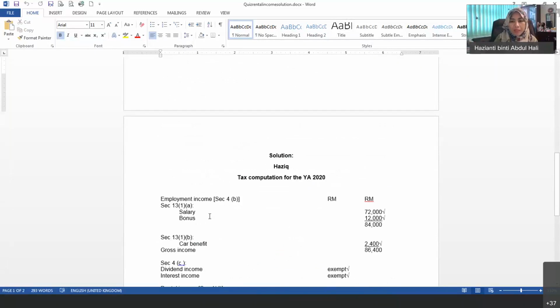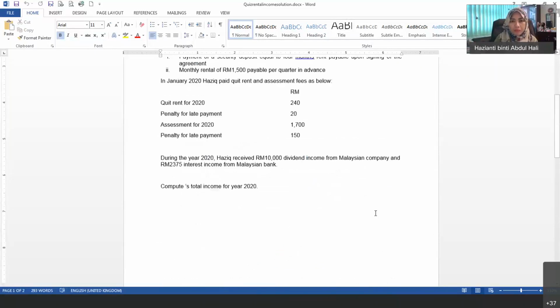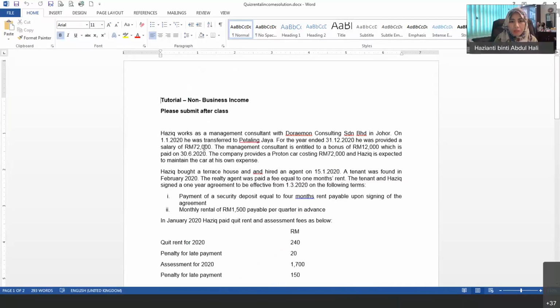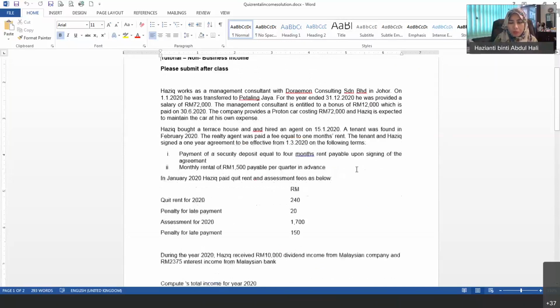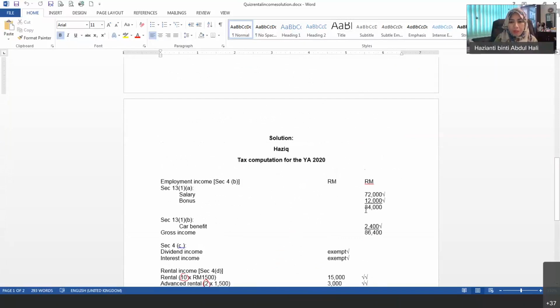So we have the salary 72,000. Terus 1 year figure 72,000. So bonus 12,000. Alright, jadi 84,000, and then he gets a car benefit. Dia tak ada rumah, tak ada benefit lain, just the car benefit 2,400. That will give us a gross income of 86,400.